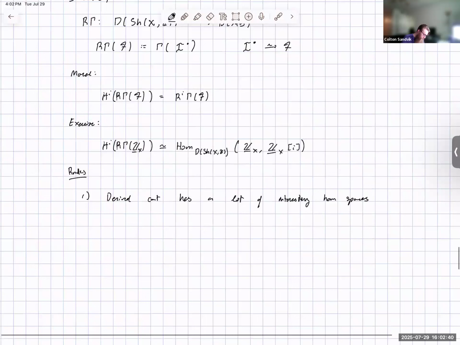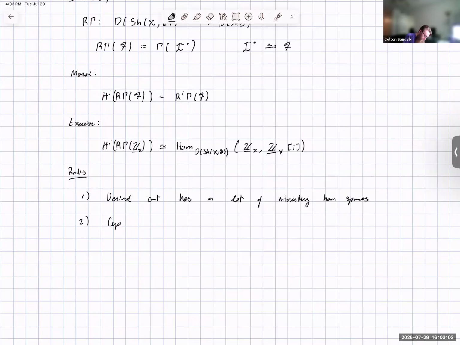And the other perspective is that we can think of this singular cohomology as being like an endomorphism algebra of the constant sheaf. And what's cool about that is that the algebra structure, which corresponds to composition, is the cup product.